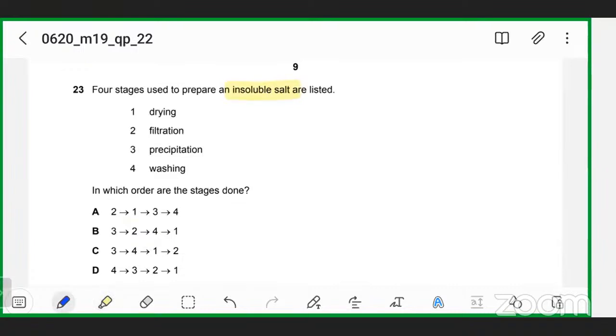Precipitation, then filtration, then washing and drying. ठीक है, that's fine. Any insoluble salt, like barium sulfate is insoluble, that is always produced by ionic precipitation. What happens is you mix two compounds, one containing barium ions, like barium chloride, and the other containing sulfate ions, like sodium sulfate.